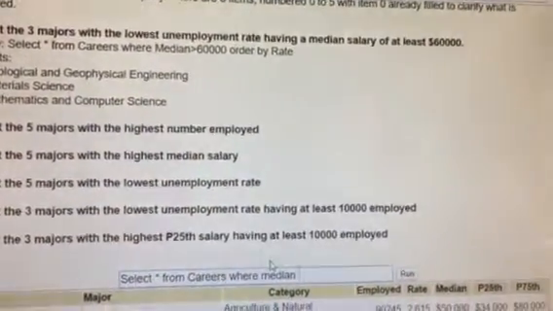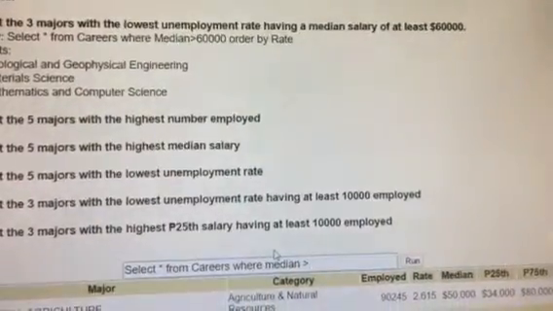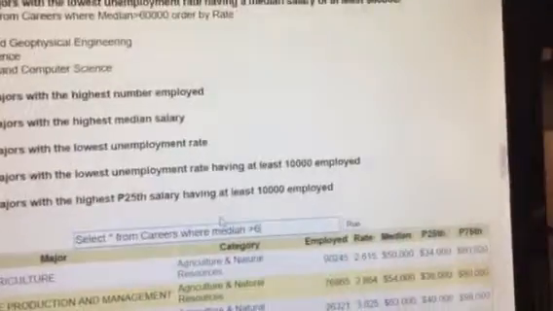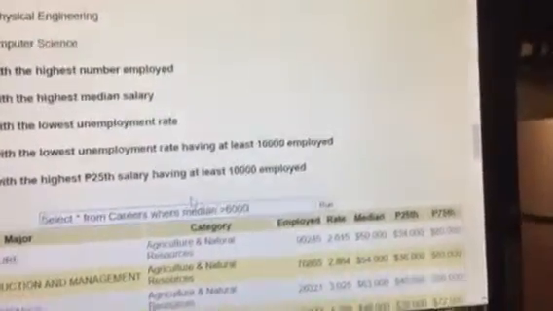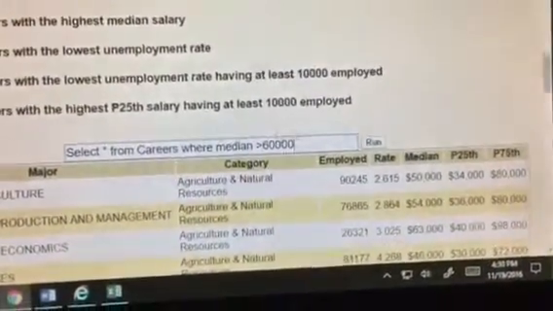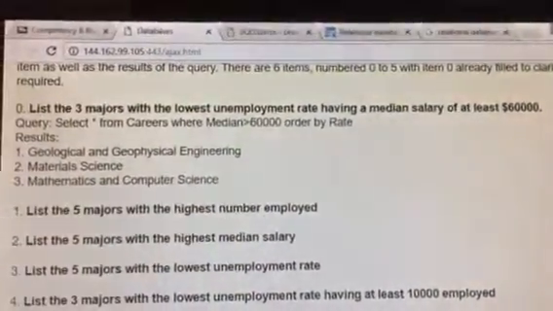It said at least, so we use our greater than symbol. It's really critical that you not put commas in with these numbers. It's very picky, it wouldn't understand them, it only understands numbers. So greater than 60000.